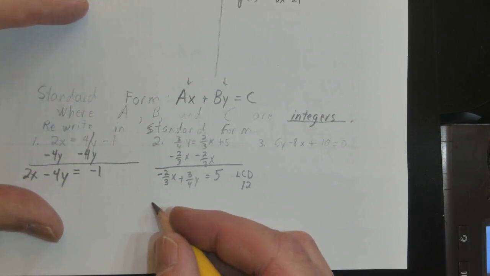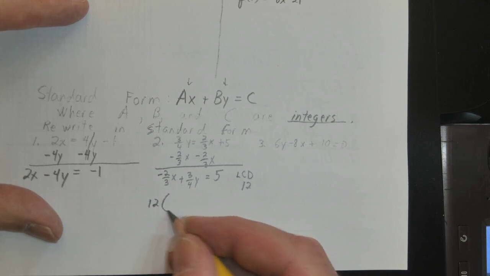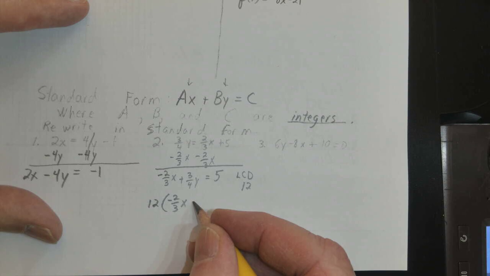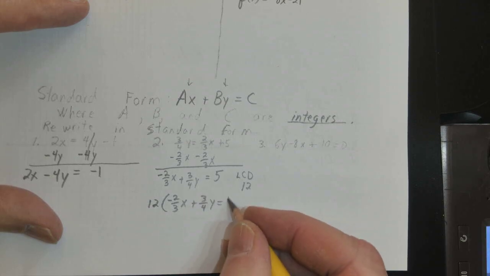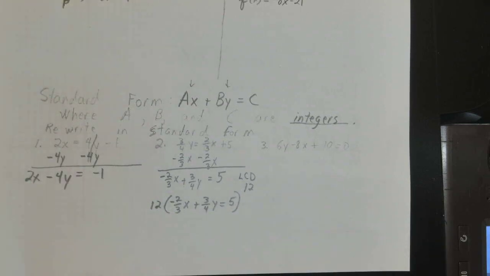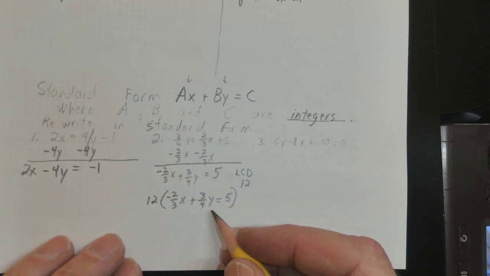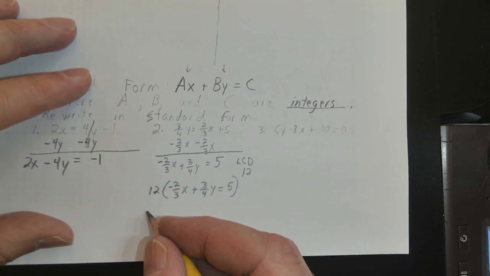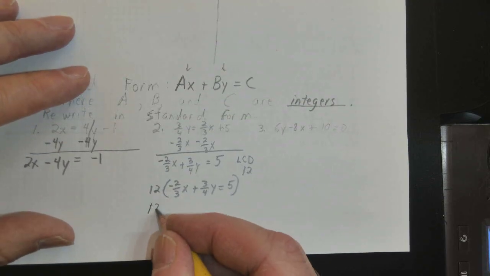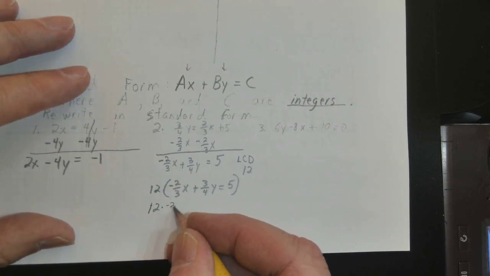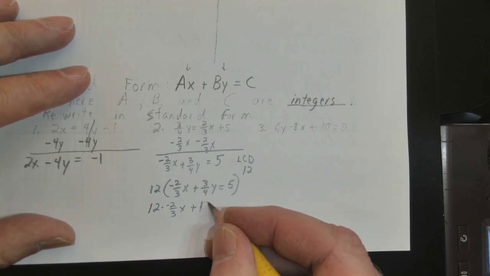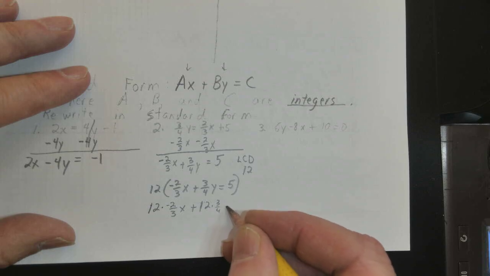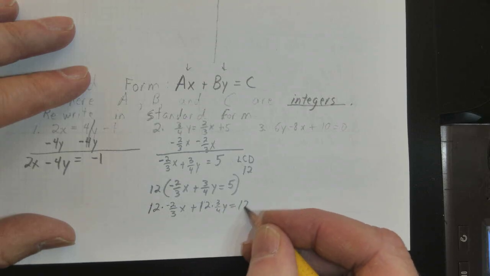Okay, so what I'd like to see you do is multiply the whole doggone equation by 12. Notice I put the whole equation in parentheses. Now, I'm going to expand that out just to show what we're doing here. 12 times negative 2/3 x plus 12 times 3/4 y equals 12 times 5.